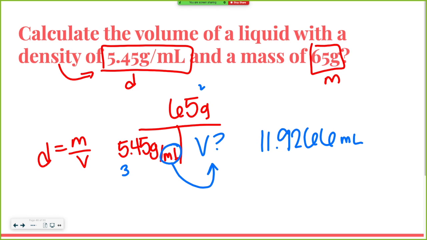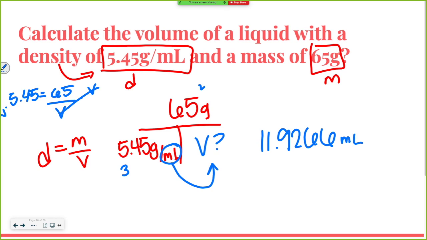So if we look at it algebraically, you have 5.45 equals 65 over volume. In order to solve for volume, I need to get it out of the bottom. Multiply by volume, multiply by volume.